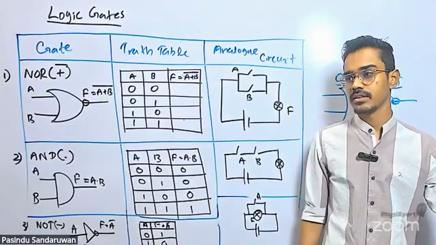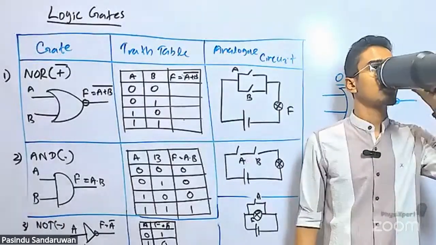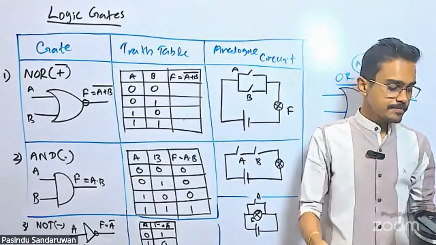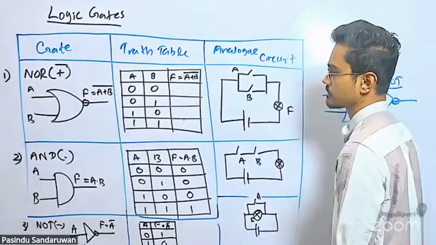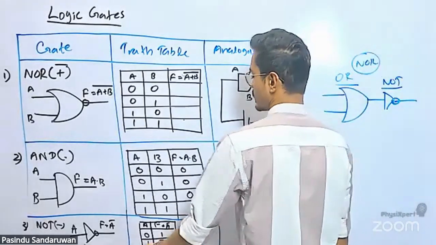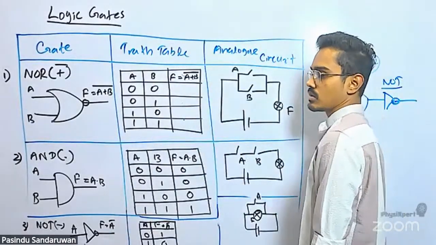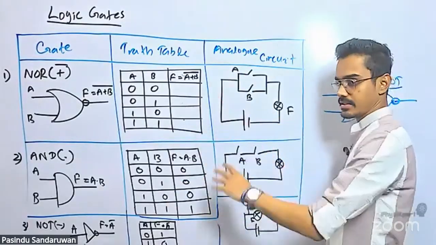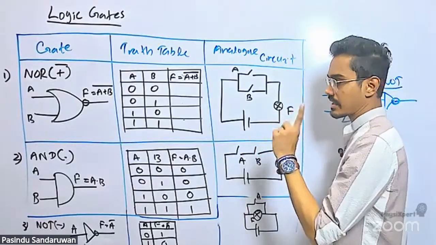Write it down in red. For other gates, the number of inputs is unlimited. It is not a constraint for NOT, that is only one.